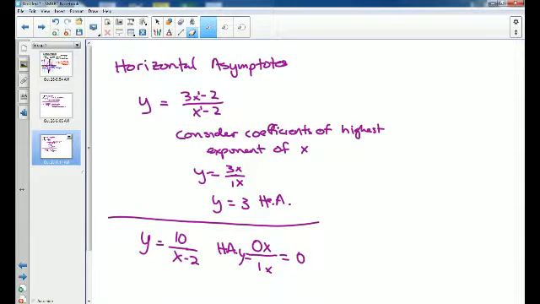No, we take the coefficients of the highest exponent of x. So here's the highest exponent of x, here's the coefficients. Highest exponent, coefficients, 1. Okay, we don't have x here, right? There are 0 x's, or it's x to the 0, which is non-existent.